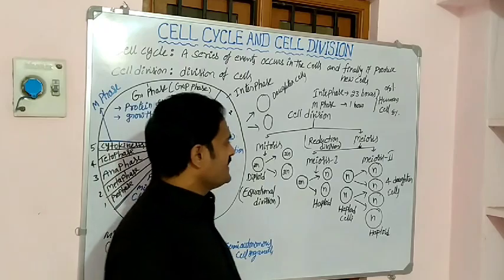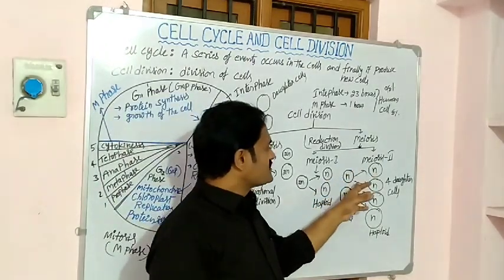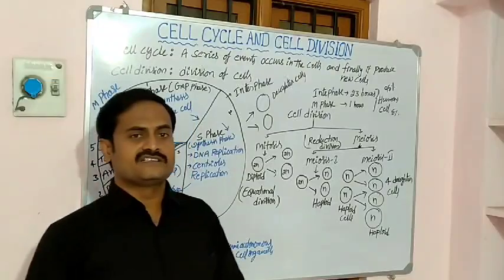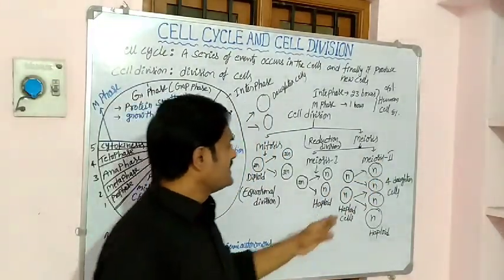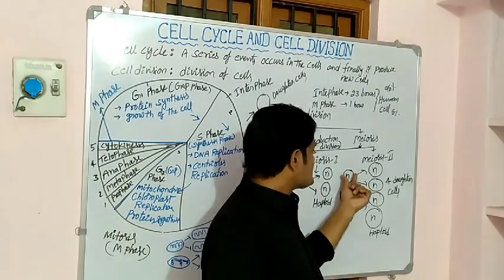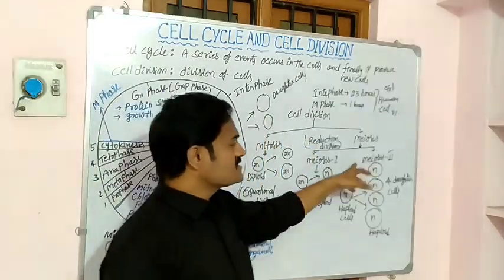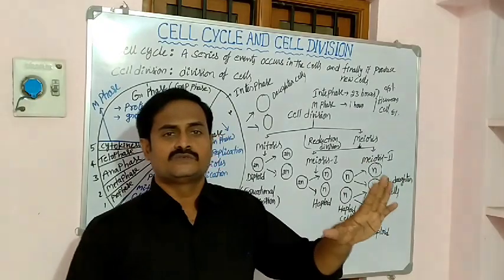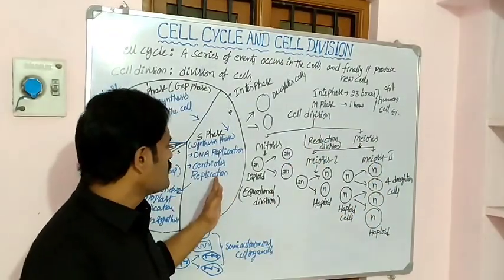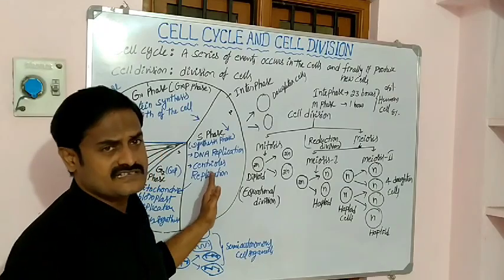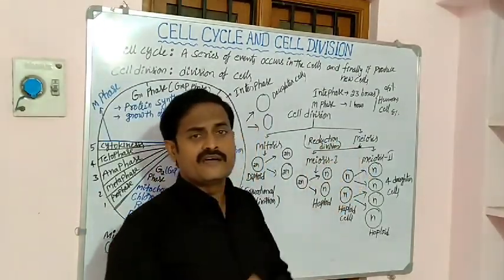So why does meiosis 2 give haploid cells? How do they keep the same number of chromosomes? See, it is a type of mitosis. So meiosis 2 is similar to mitosis. Remember, the process that occurs in mitosis will occur in meiosis 2.